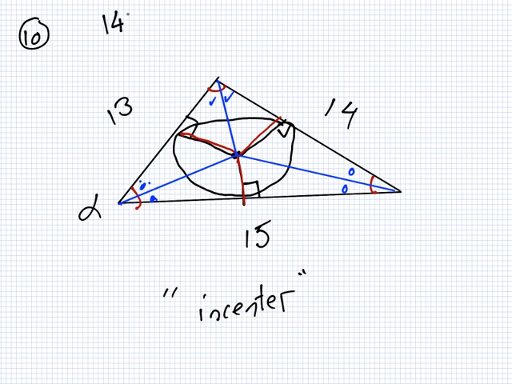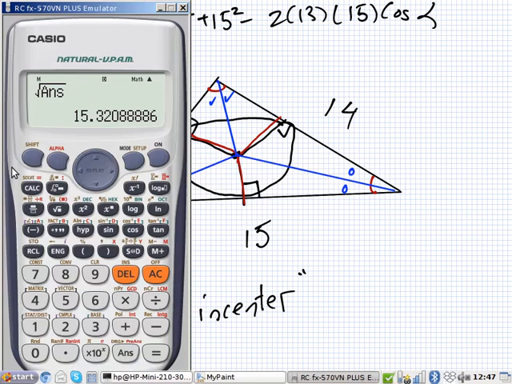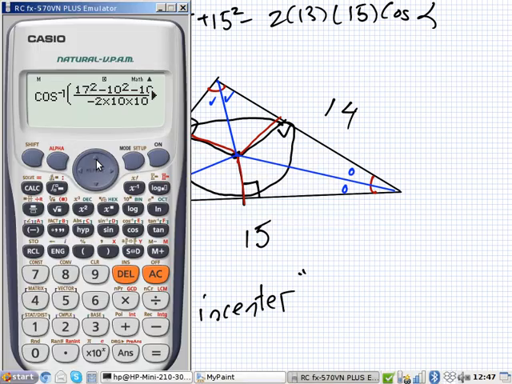14 squared equals 13 squared plus 15 squared minus twice 13, 15 cos alpha. Okay, let's go back. There we go. This is 14, this is 13 and this is 15.